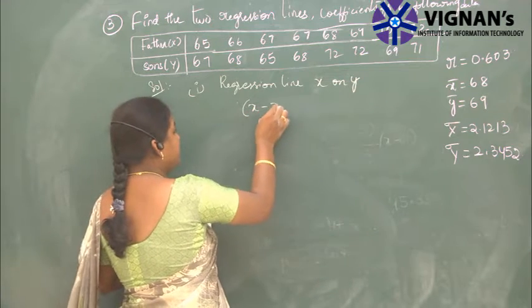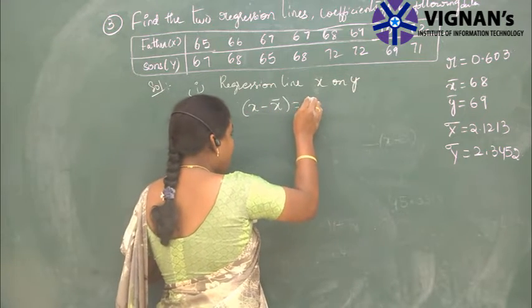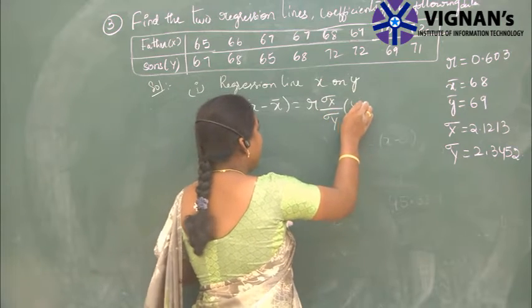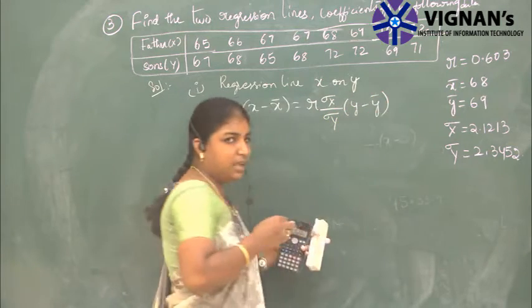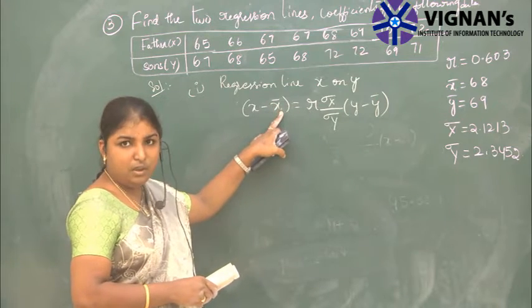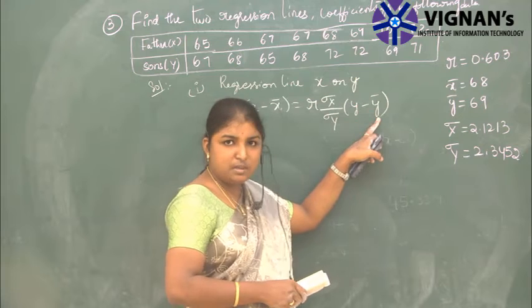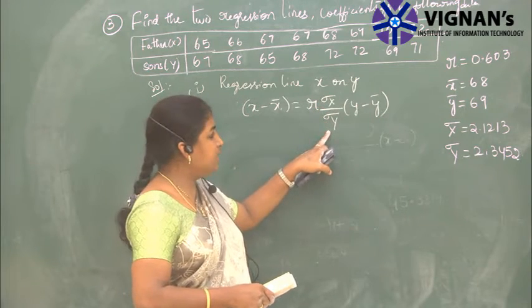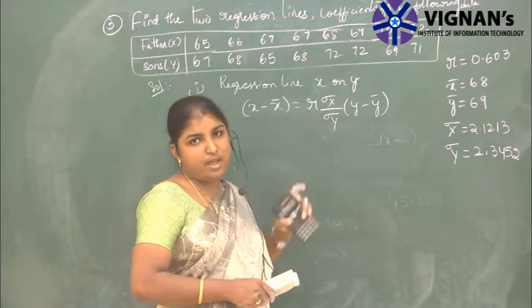x minus x bar equal to r into sigma x by sigma y into y minus y bar. Again, here r is known as the correlation coefficient, x bar is the mean of x values, y bar is the mean of y values, sigma x is the standard deviation of x values, and sigma y is the standard deviation of y values.